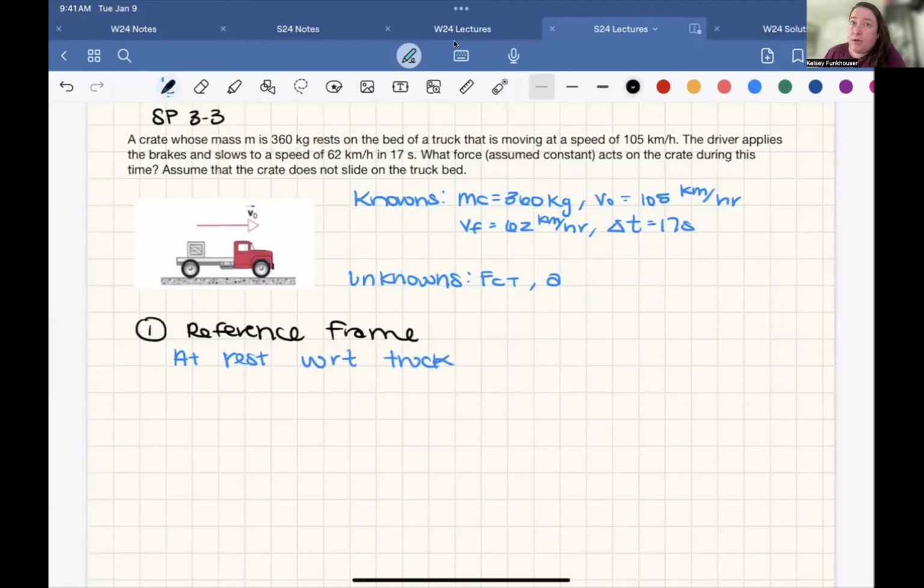And we will also do our coordinates. This is going to be positive x direction. This one's negative x. And this is our origin, which is also what we will say is the initial position, right before the truck starts to brake. And just a reminder that it's moving in the positive x direction.